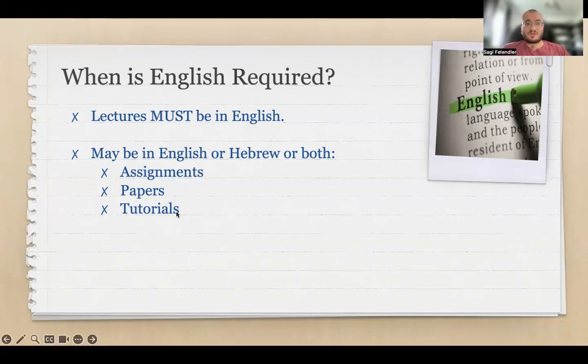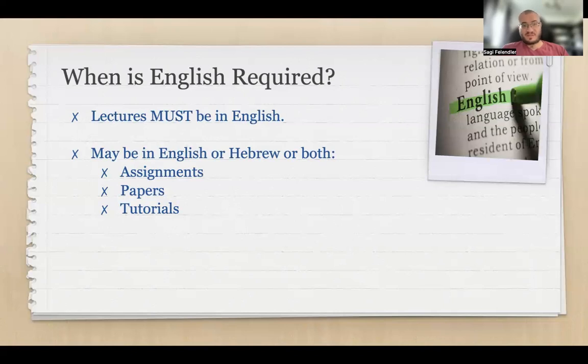And tutorials also don't have to be in English. In each of these cases, with assignments, papers, tutorials, and of course that includes exams as well, the choice is yours. You may choose to have them in English, you may choose to have them in Hebrew, you may choose to have them in both. You, the lecturer, the conductor of the course, you make the choice.